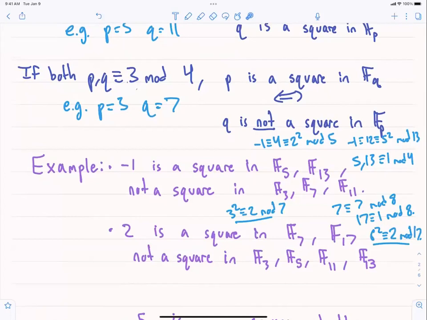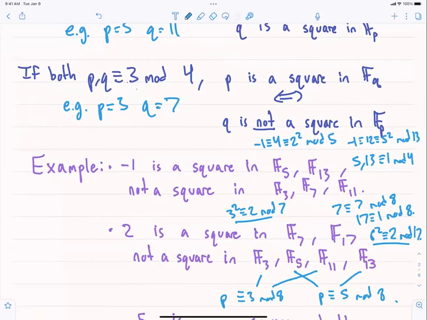And then it's not a square in F3, F5, F11, or F13. For example, if we look mod 13, 3 and 11 are congruent to 3 mod 8, and 5 and 13 are congruent to 5 mod 8. So not 1 or 7.